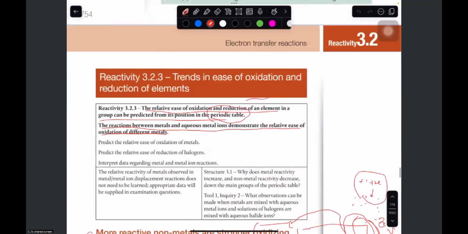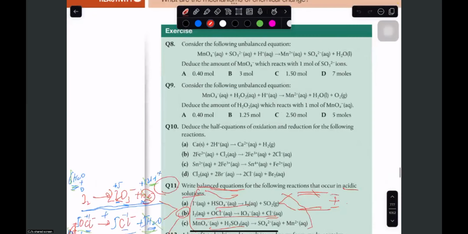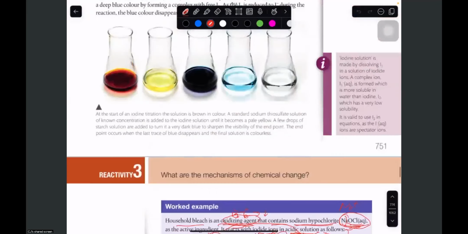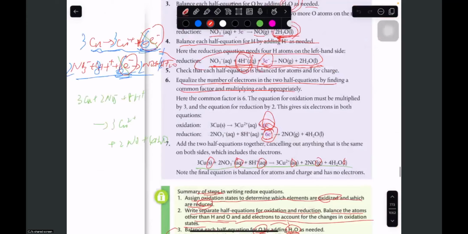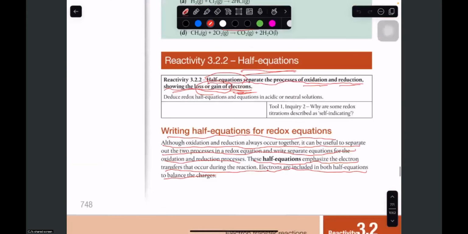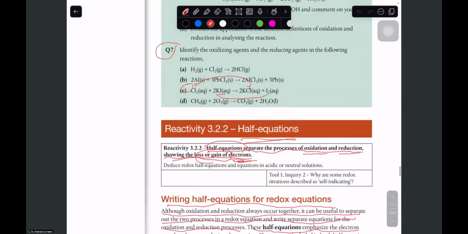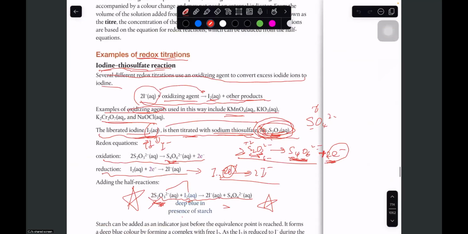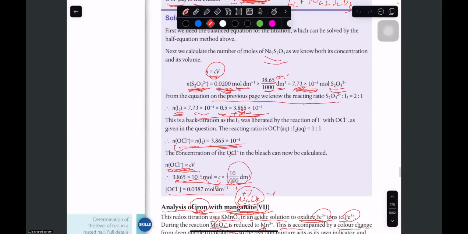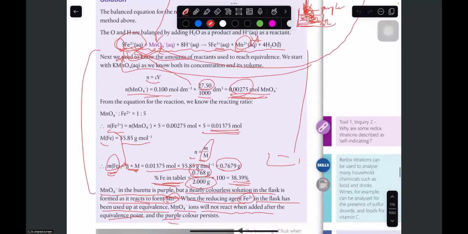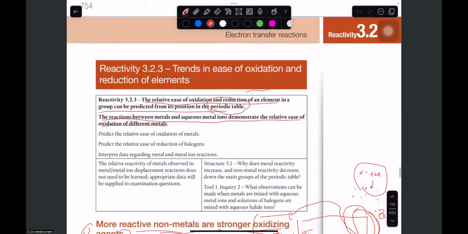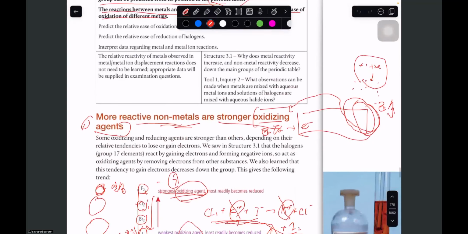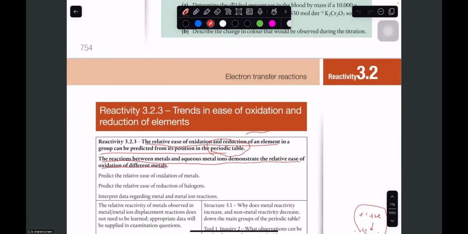Secondary cells. Last time we did 7.6.1. Okay, let's continue. In the last lesson, we have learned the cells, the half cells, and the equation. And we have learned the concepts of the ease of oxidation and reduction of elements.